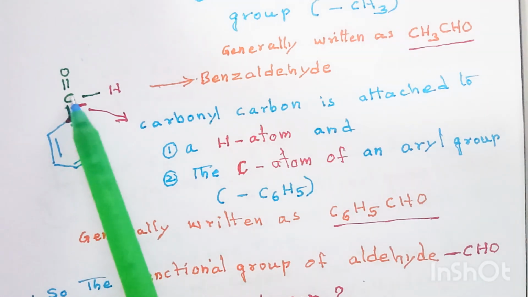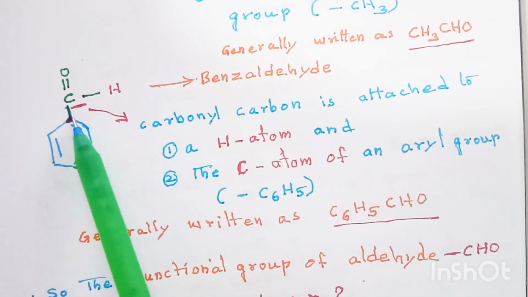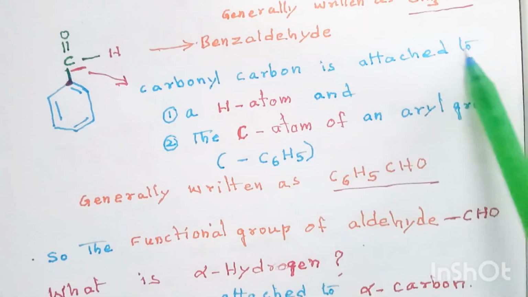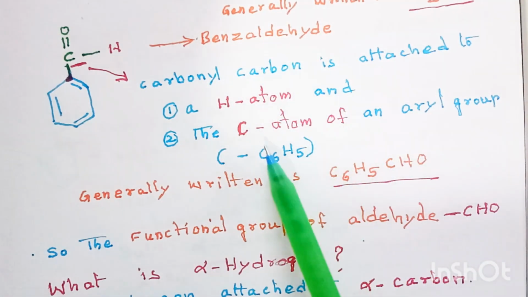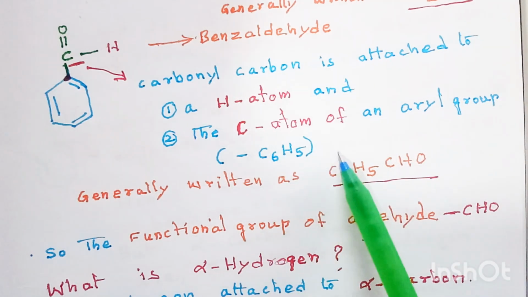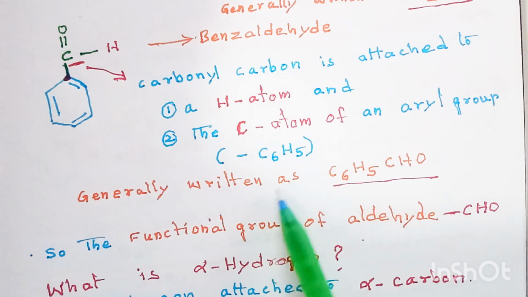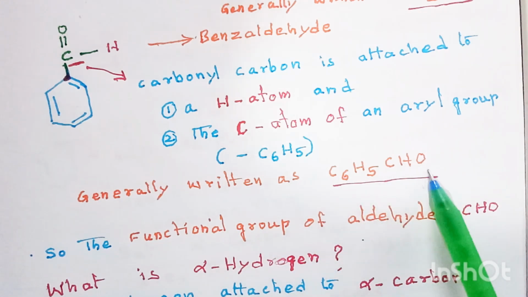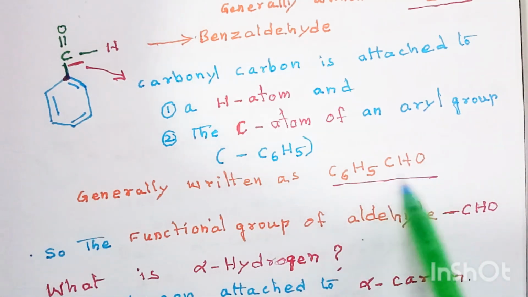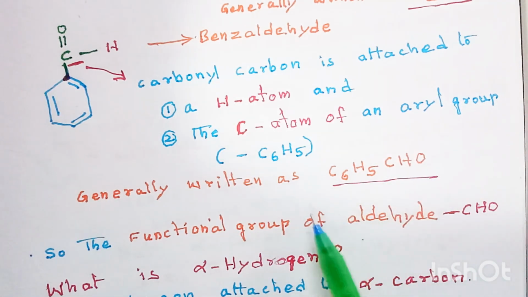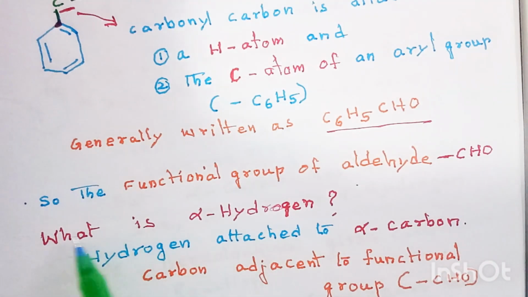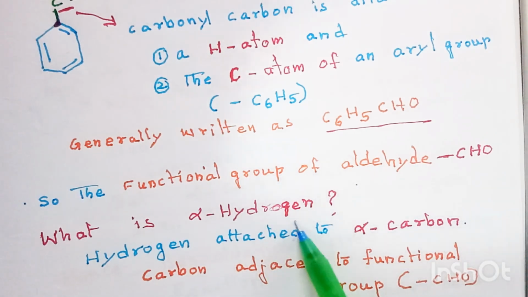So it is attached to a hydrogen atom and carbon atom on benzene ring. So the carbonyl carbon here is attached to hydrogen atom and carbon atom of an aryl group, that is C6H5. This is generally written as C6H5CHO. So this CHO is the functional group of aldehyde. Functional group is CHO.